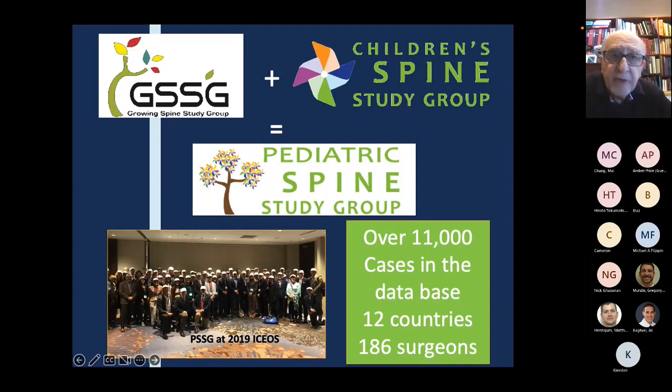The study groups that we had, the Growing Spine Study Group and Children's Spine Study Group, have joined in the past 2-3 years, and the Pediatric Spine Study Group now has over 11,000 cases in the database, the largest database in the world as far as spinal deformity is concerned, with 186 surgeons involved in 12 countries, as of 6 months ago. That has really helped.